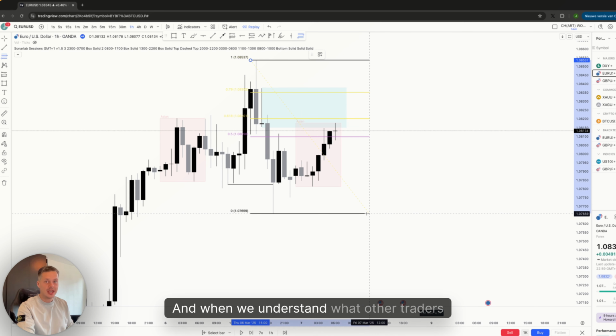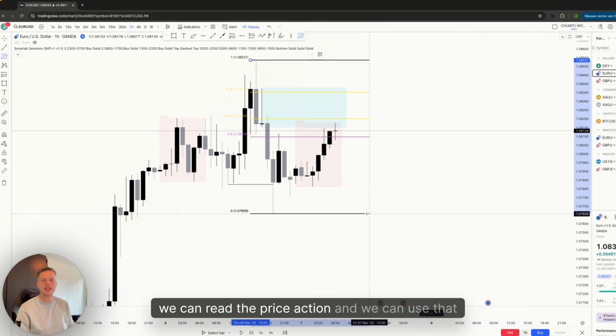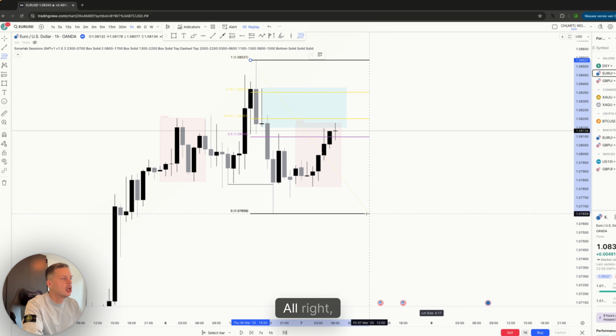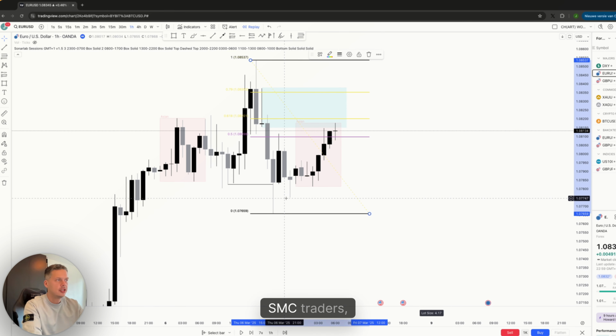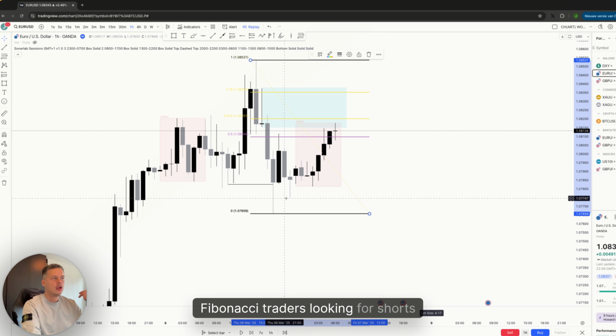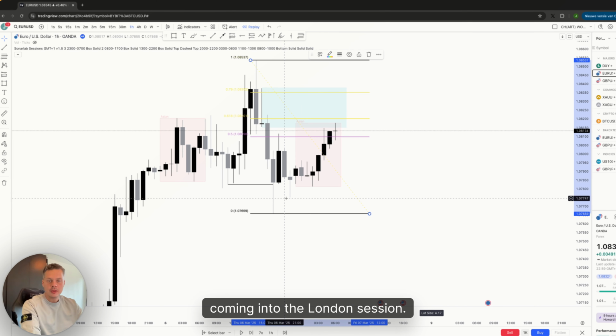And when we understand what other participants in the market are doing, we can read that price action and use it to our advantage to find good and solid setups. All right, so knowing that we already have market structure traders, SMC traders, Fibonacci traders looking for shorts, coming into the London session, what is the highest possibility of what will happen?